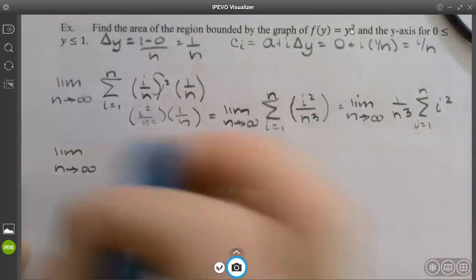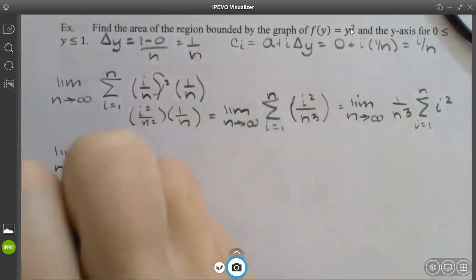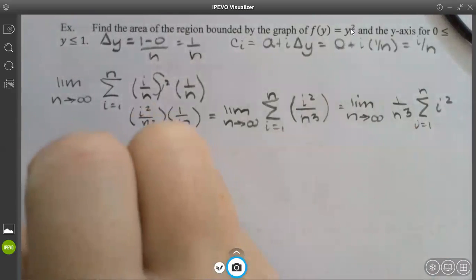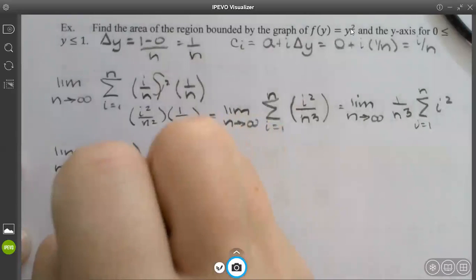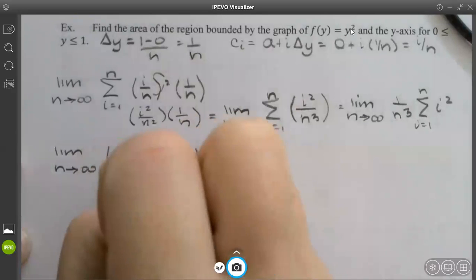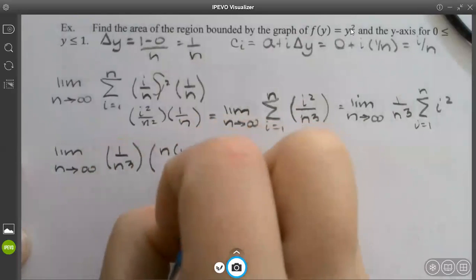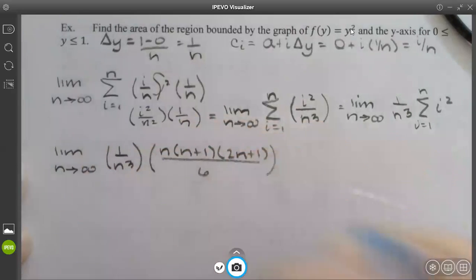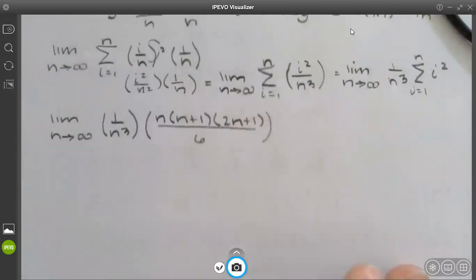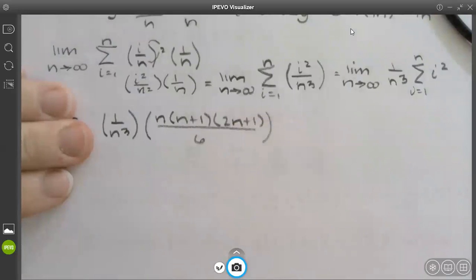So we have 1 over n cubed. The formula that they gave you for the summation of I squared was n plus 1, 2n plus 1 over 6. Forget the limit for a minute. We got to simplify all that before we take the limit.